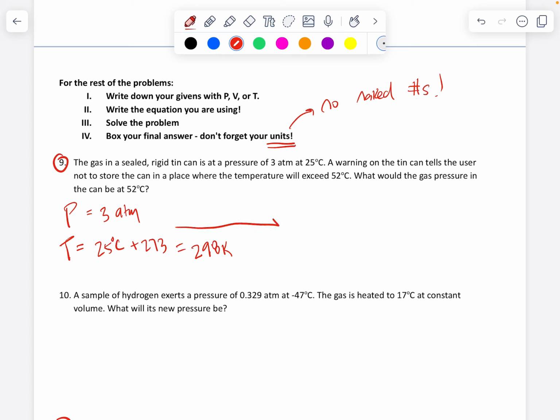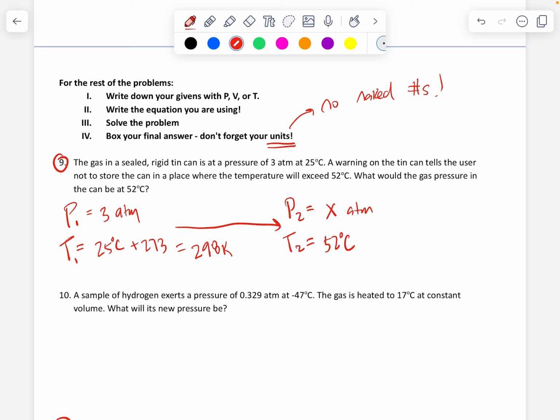Okay, so here's the change. We know that these are the initial values, right? So P2 is what we're trying to find. It's the X atmosphere, the missing variable. It tells us, what would the gas pressure be at 52? So we know that temperature has gone up from 25, room temperature, to 52 degrees Celsius. Now, can I just plug that 52 into one of the gas laws?